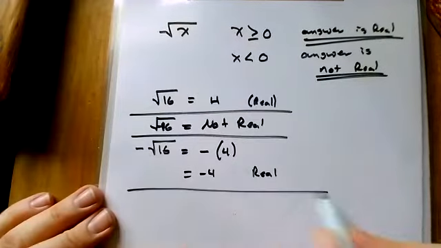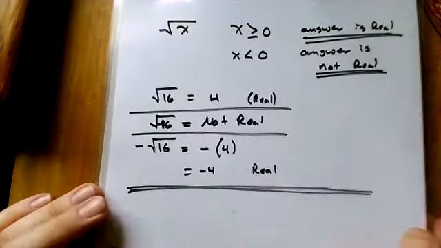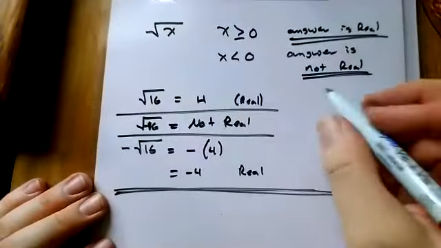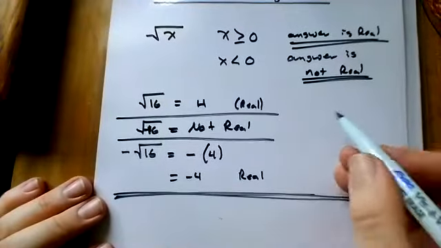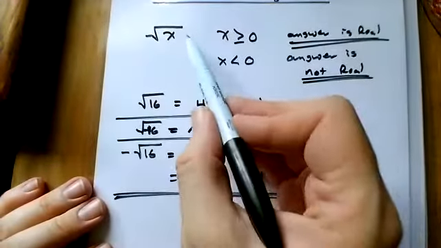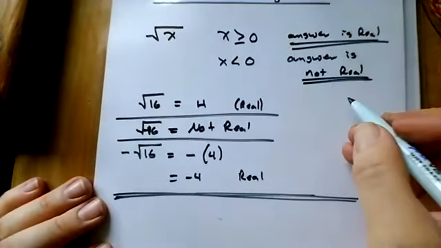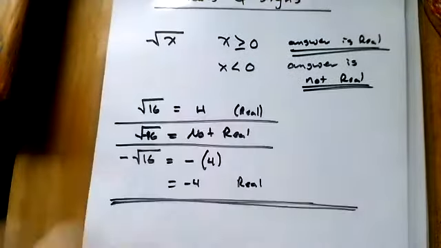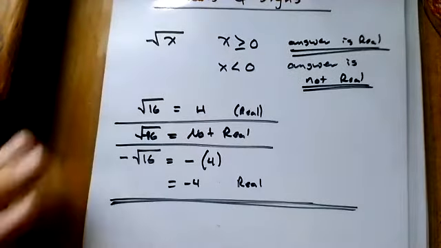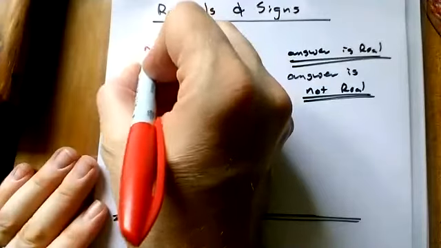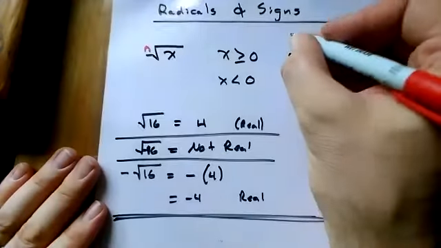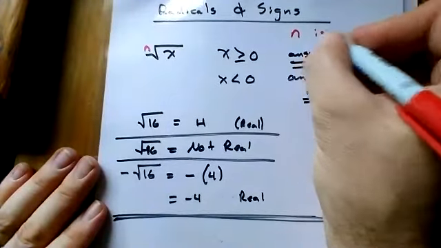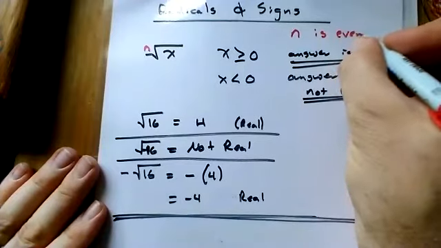Now what's really interesting is this rule only applies to radicals with even roots. So now I'm going to add something up here. I'll say n is our index, and I say that n is even.